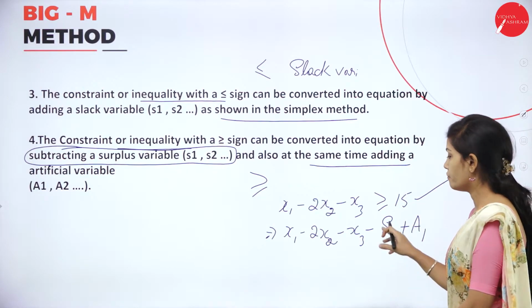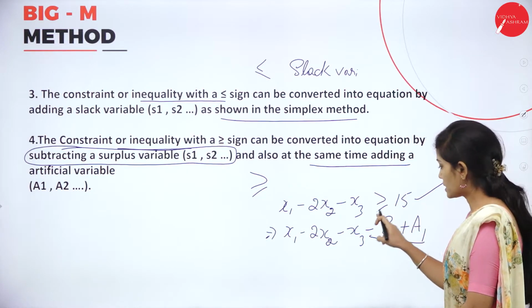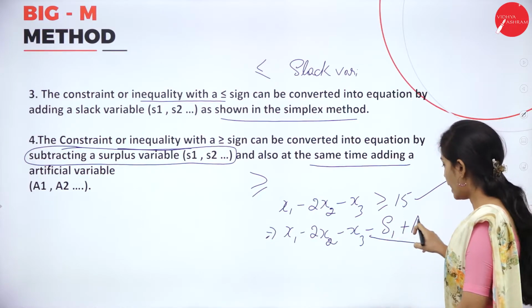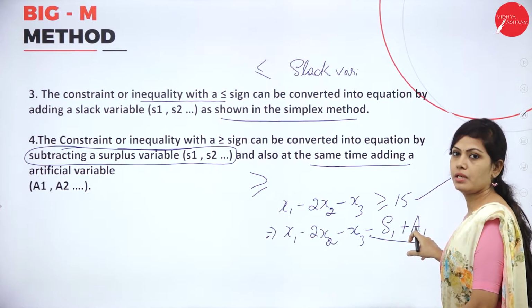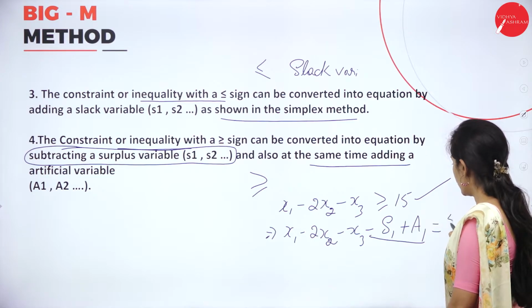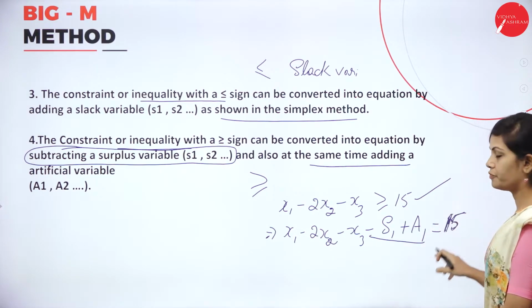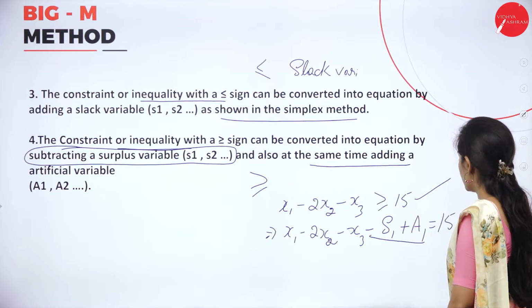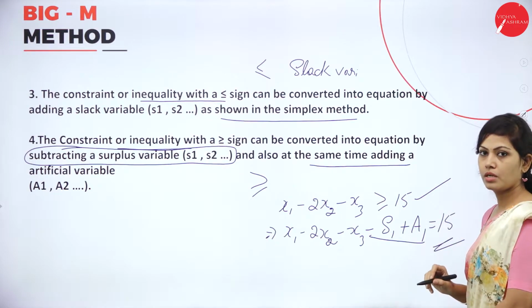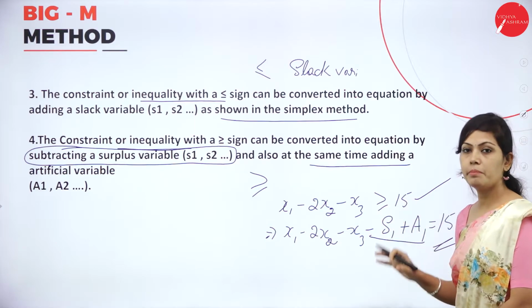In the BCA method, we have to subtract the surplus variable and, at the same time, add an artificial variable. I'll repeat, this is an inequality constraint. So now this is in standard form, equal to 15. This is called the BCA method.